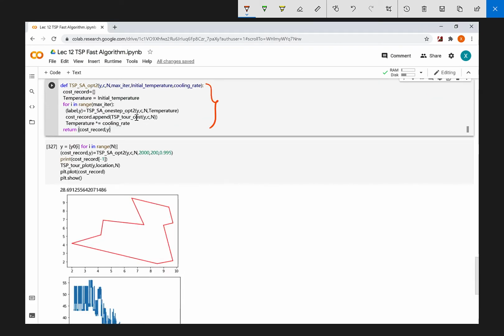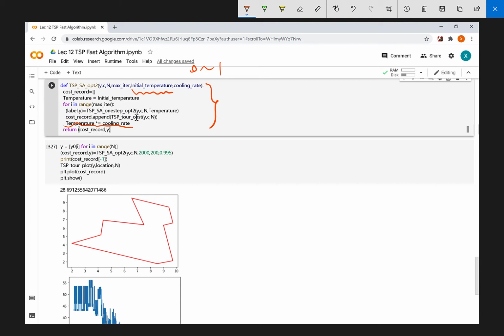Then we implement this one-step simulated annealing method and iteratively adjust the temperature. For example, here we have an initial temperature which can be relatively high, and then every iteration we update our temperature by a constant cooling rate. This cooling rate is definitely between 0 and 1.